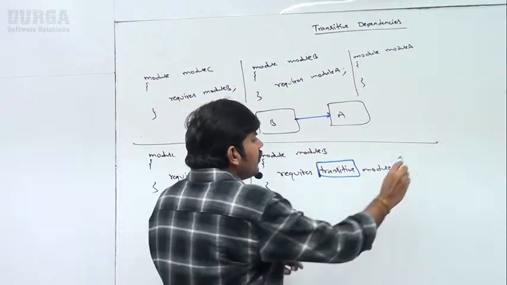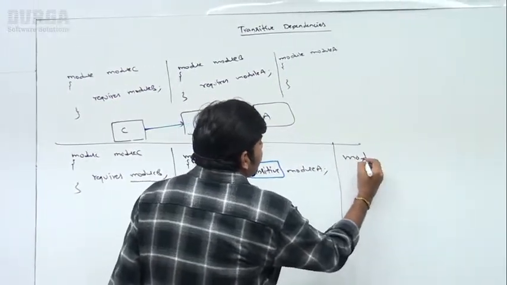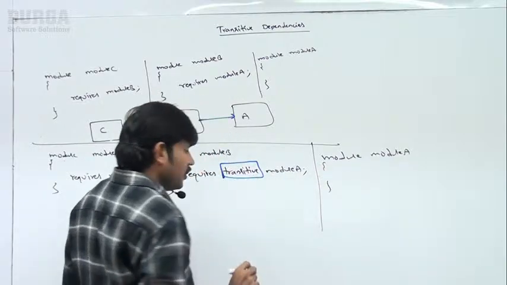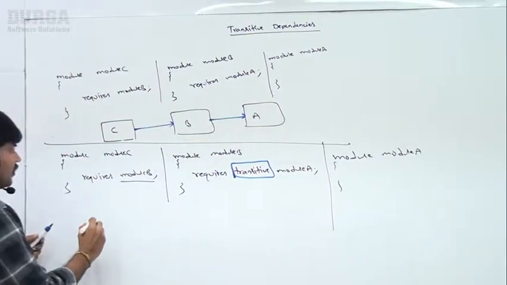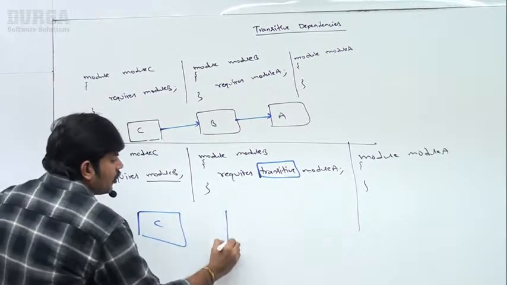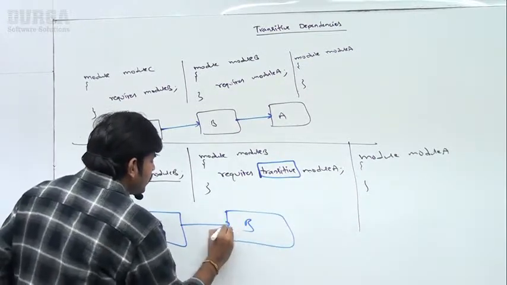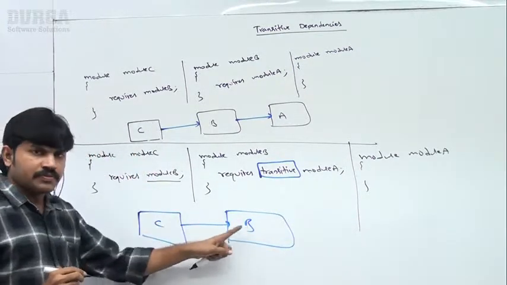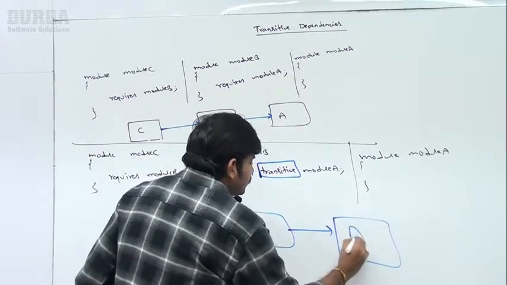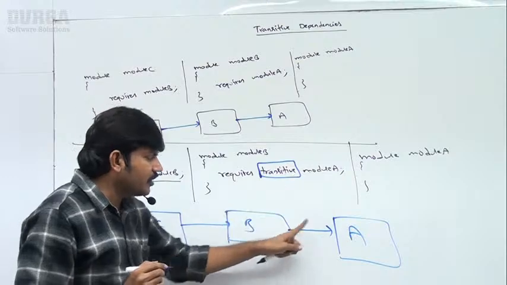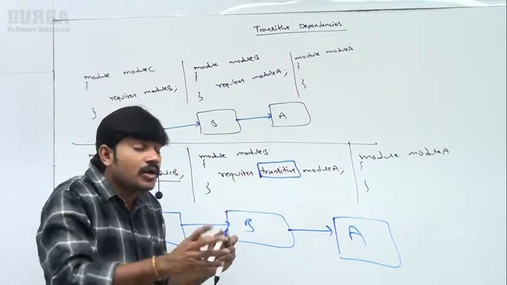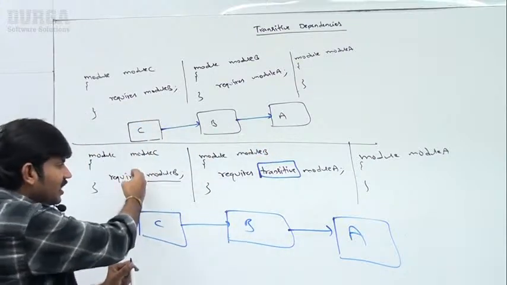Sir, now module A is available here. Now observe the diagram. C is available here. Module C requires module B. Module B requires module A. Sir, this A, which is required by module B, is available not only for module B but for the next level also.